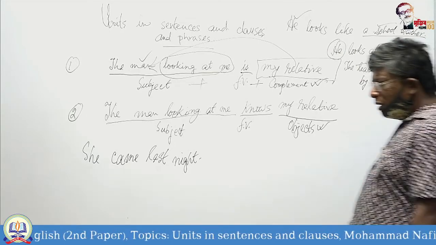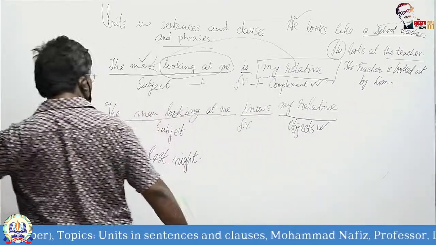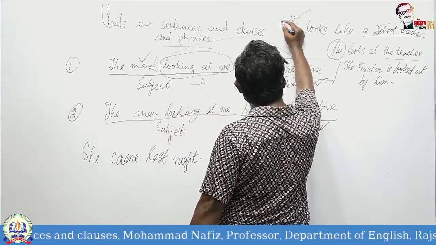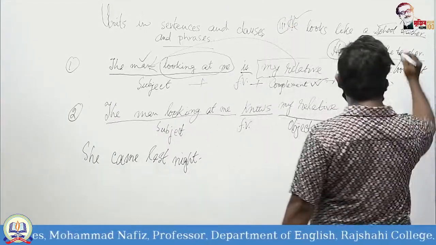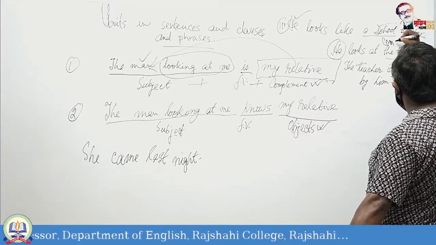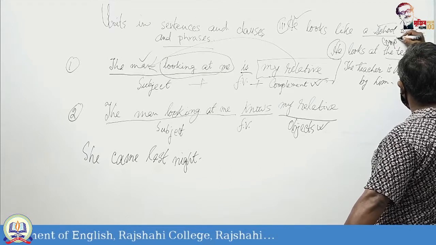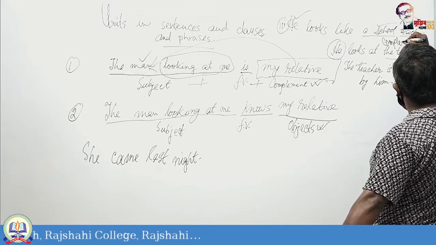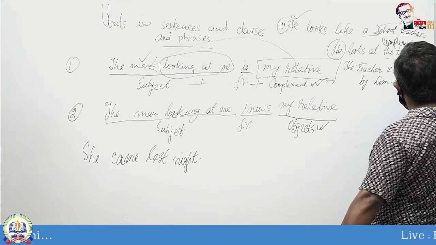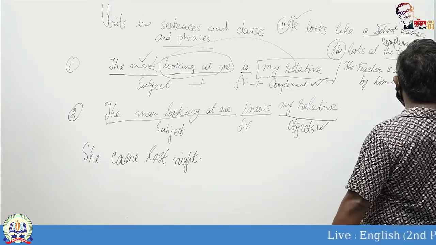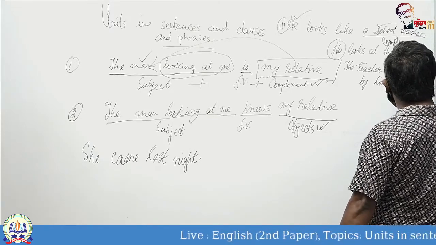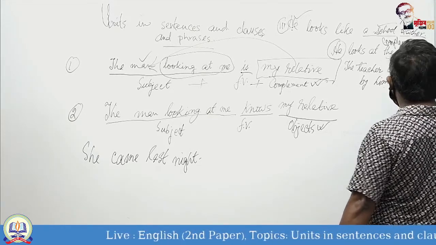Therefore, in the third sentence, a school teacher is a complement, and in he looks at the teacher, the teacher is an object.